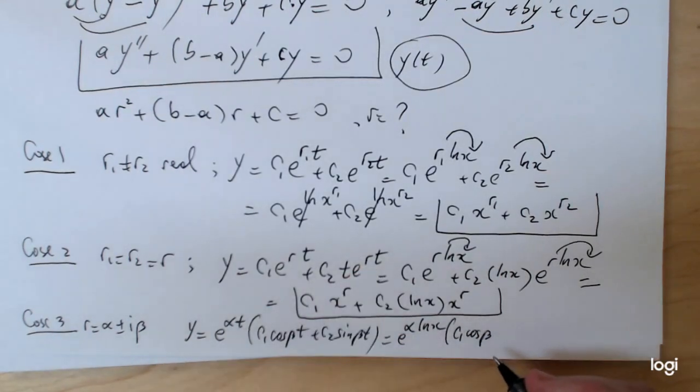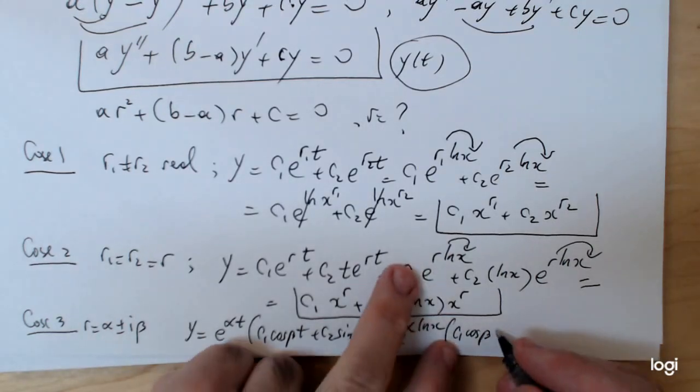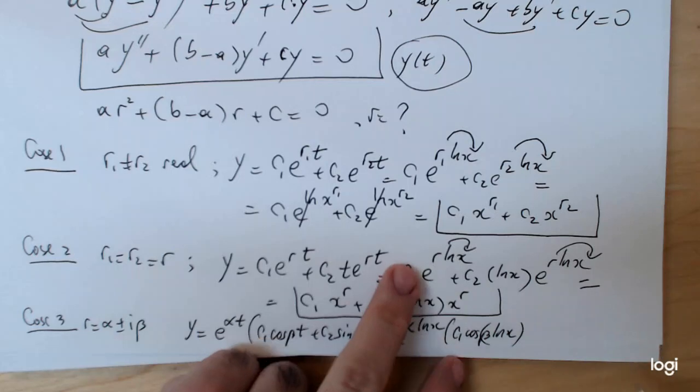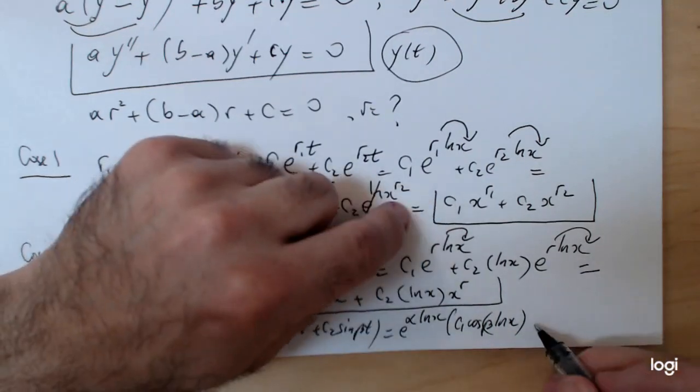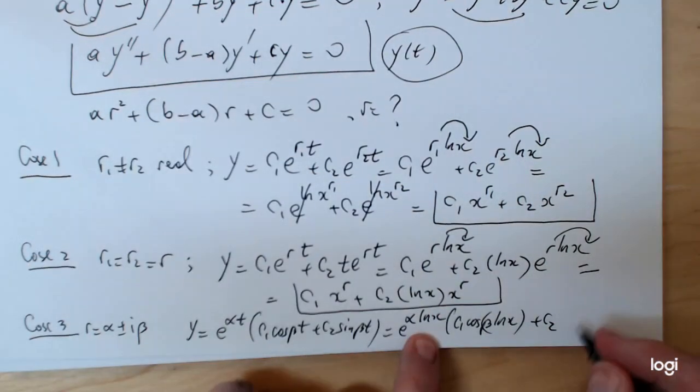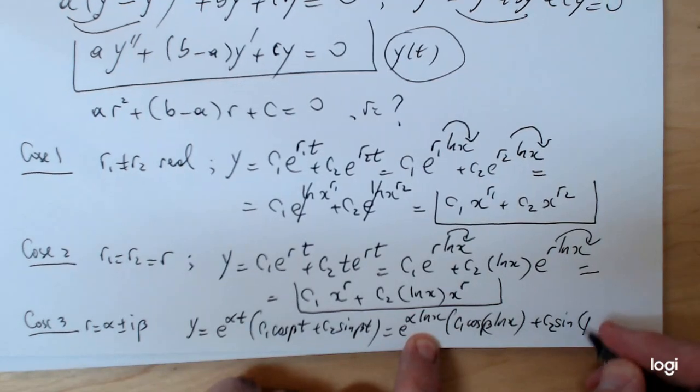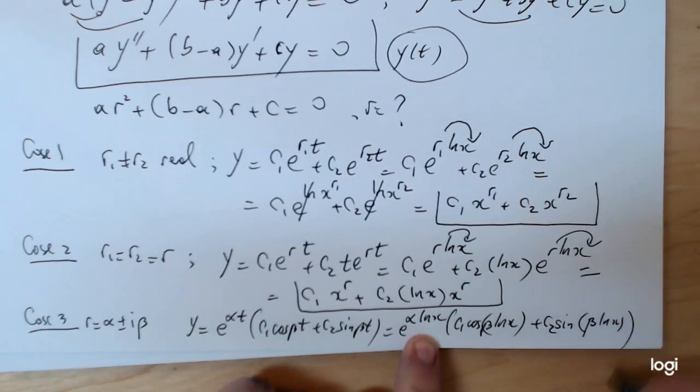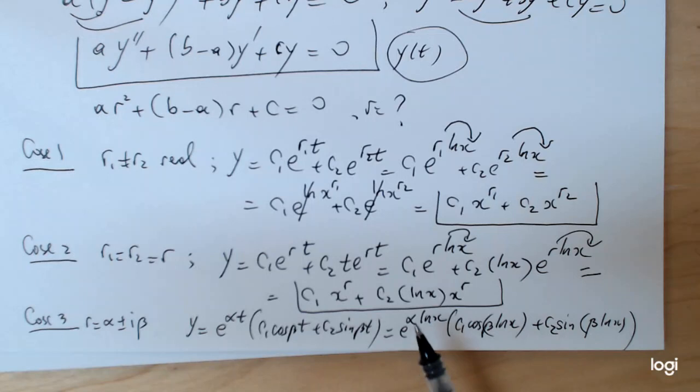C1 cosine of beta times ln of x, kind of messy here actually in this case, plus C2 sine beta ln of x. So anyway, just like before, e to the alpha t will be x to the alpha. I'm going to write it in a more compact form on the next page. But as I said, these are the 3 versions for the solution of the Cauchy-Euler equation.